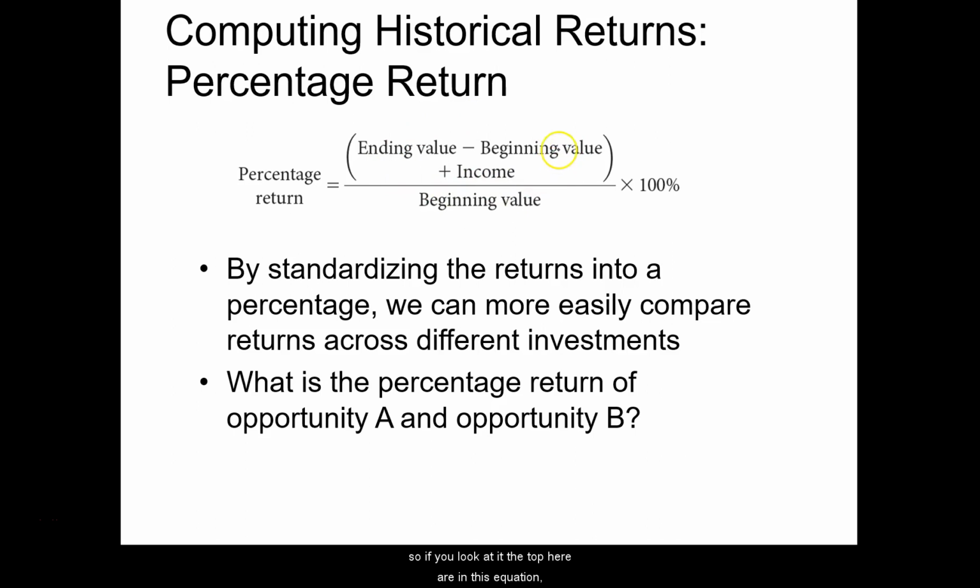So if you look at the top here in this equation, ending value minus beginning value plus income, this is the dollar return. But to calculate the percentage return, you just go one more step by dividing the dollar return by the amount of the beginning value, or say how much you have to invest at the beginning.